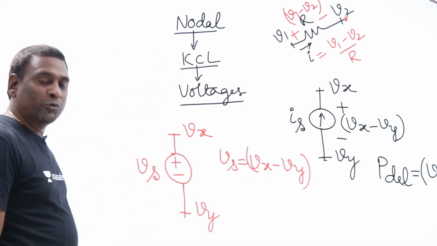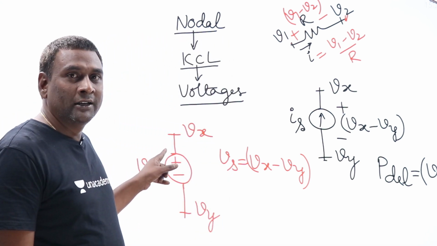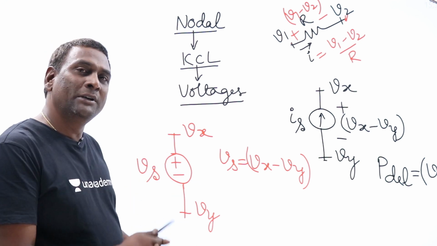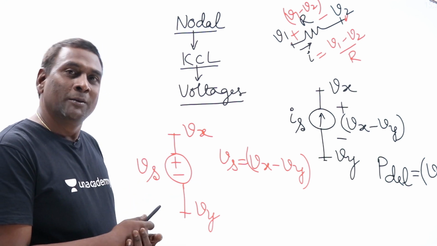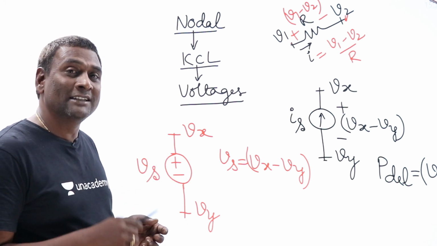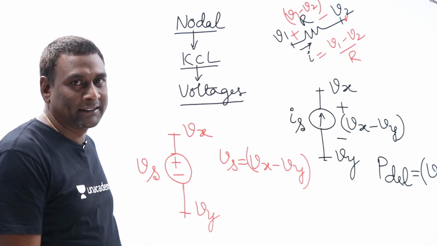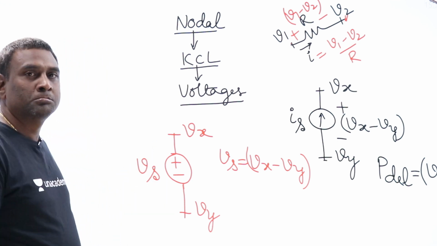Okay. Now, in order to find current flowing through this, what can be done? We cannot do anything, because for a voltage source, voltage is known, but current will be decided by the system connected. So what are we supposed to do now?